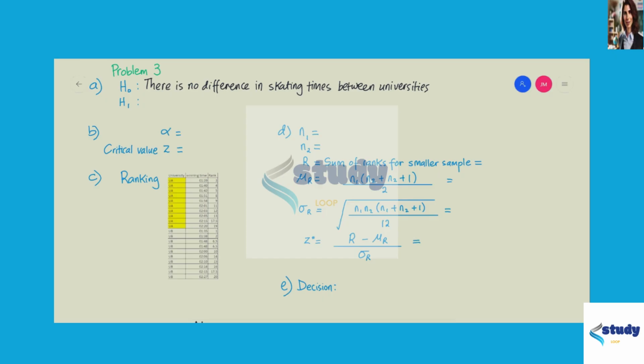The alternative hypothesis is that there is a difference in skating times between universities.